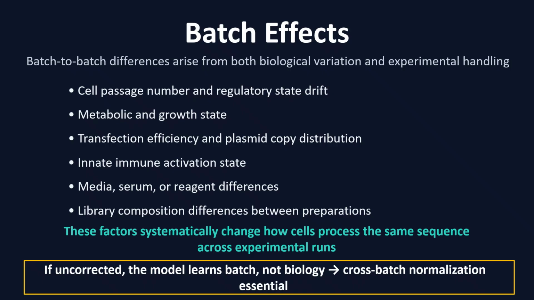And what matters for ML training is that batch effects come from real biological state changes, cell stress, passage number, these kinds of things, not just technical variability. So if uncorrected, the model learns batch, not biology. This is why cross-batch normalization and batch correction are important.